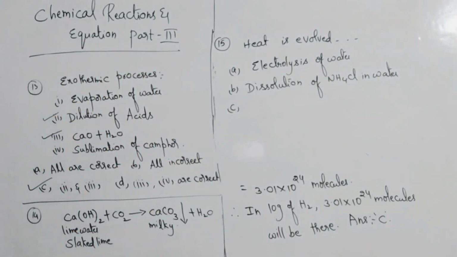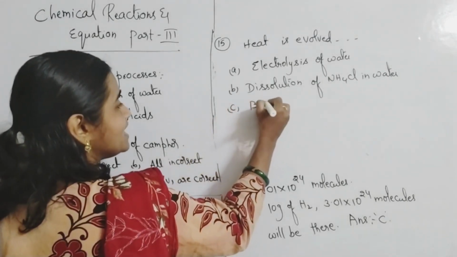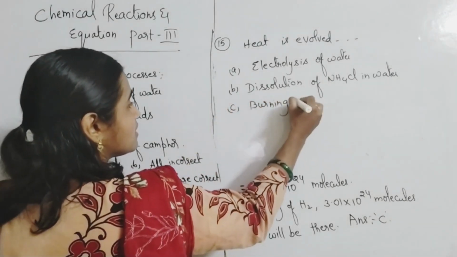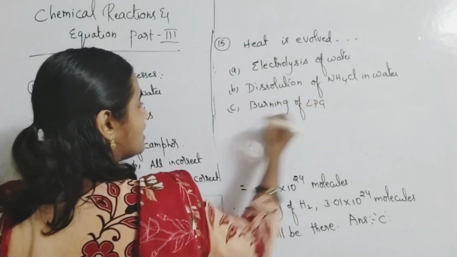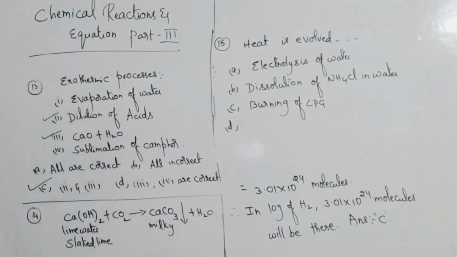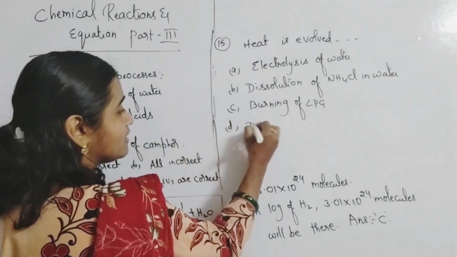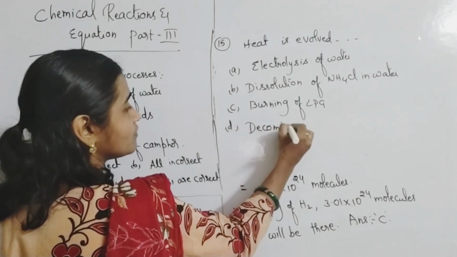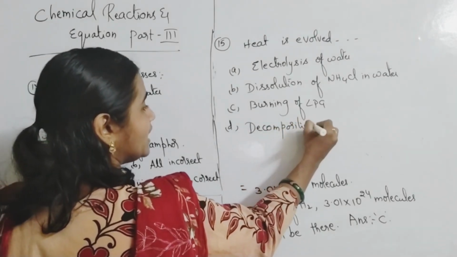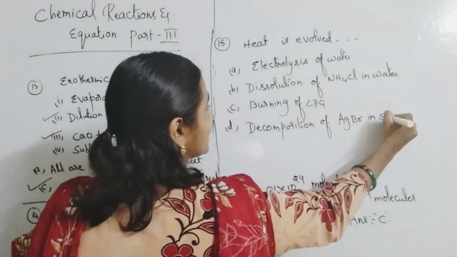Burning of LPG and decomposition of AgBr. The third option is burning of LPG. And the fourth option is decomposition of AgBr, silver bromide, in sunlight.